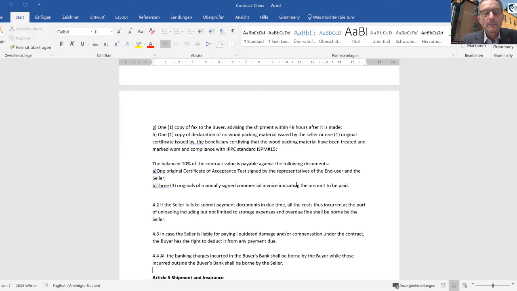Yes, it is a critical point, because if the end user will not establish the certificate of acceptance test, not because they have not done a positive test, but perhaps because they don't want to, for any reason, then you will not receive as the exporter the 10%.